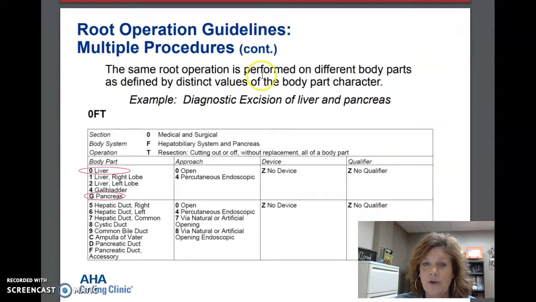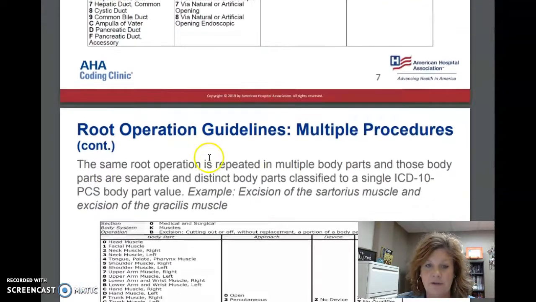Okay, so the same root operation is performed, here's just a quick one here, on different body parts as defined by distinct values. So let's just say we have a diagnostic excision of liver and pancreas. Okay, so I'm looking at 0FT, it's resection, diagnostic excision of liver, okay, so we have resection, liver, and the pancreas.